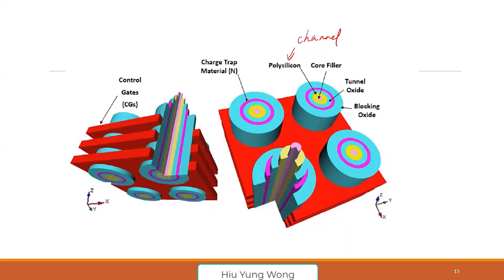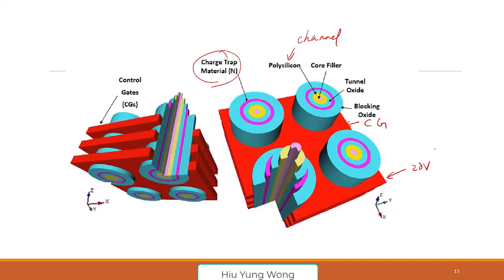And then you have a tunnel oxide, and then this storage layer, the pink one, and then the blocking oxide, and then this is the control gate. So you see, I have a plane of control gate. Every time I apply, let's say, 20 volts to this one, it applies to the plane, and to all the pillars cutting through the plane.